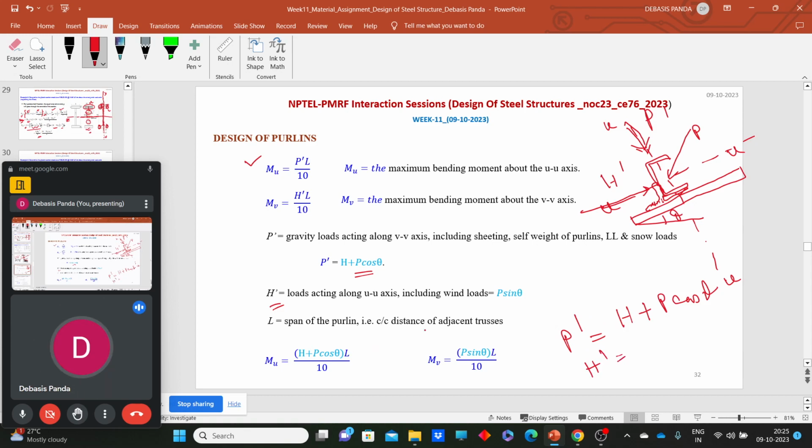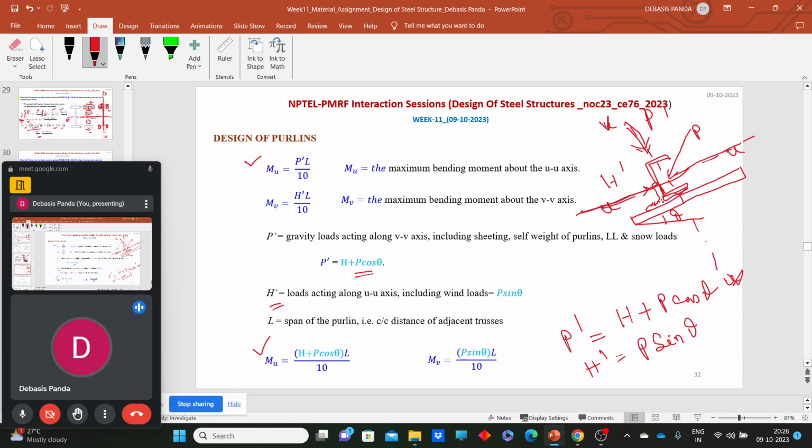So we can calculate the P dash and H dash values with respect to the gravity load, self weight and wind load, P sin theta. When we have calculated all these values, now put them in these equations, like the maximum bending moment about the UU axis, and about the VV axis.